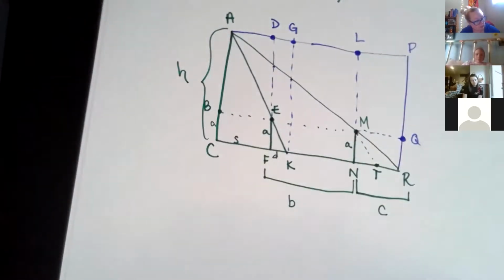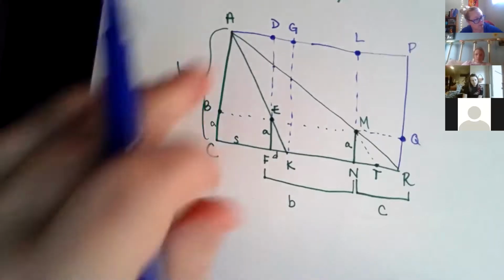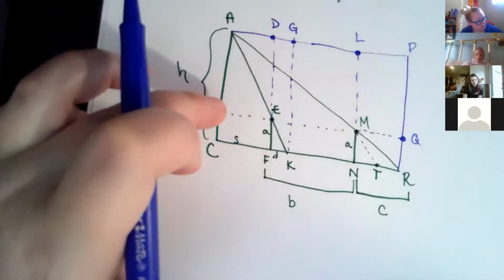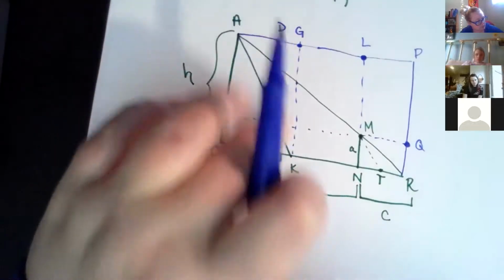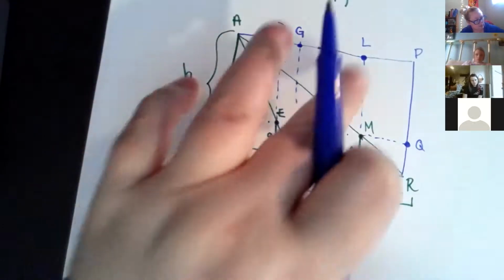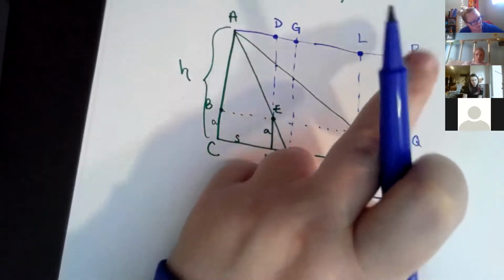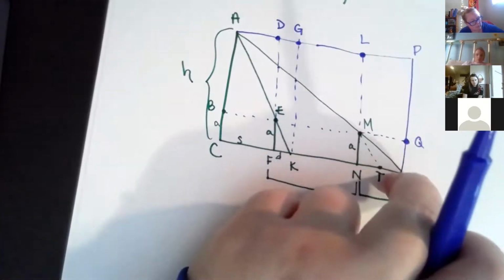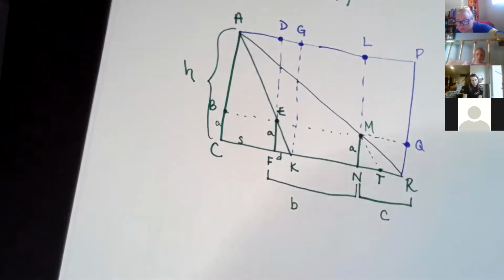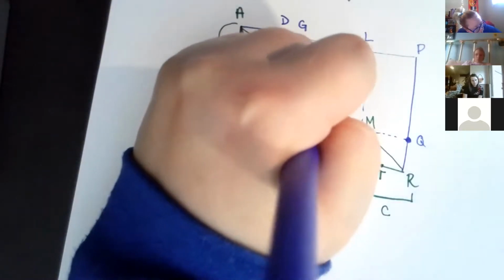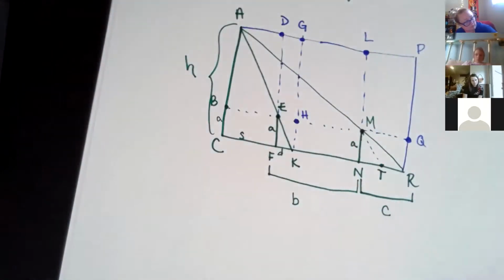Now we count 1 through 15, and 1 through 8. I'm missing H. Now I have everybody.